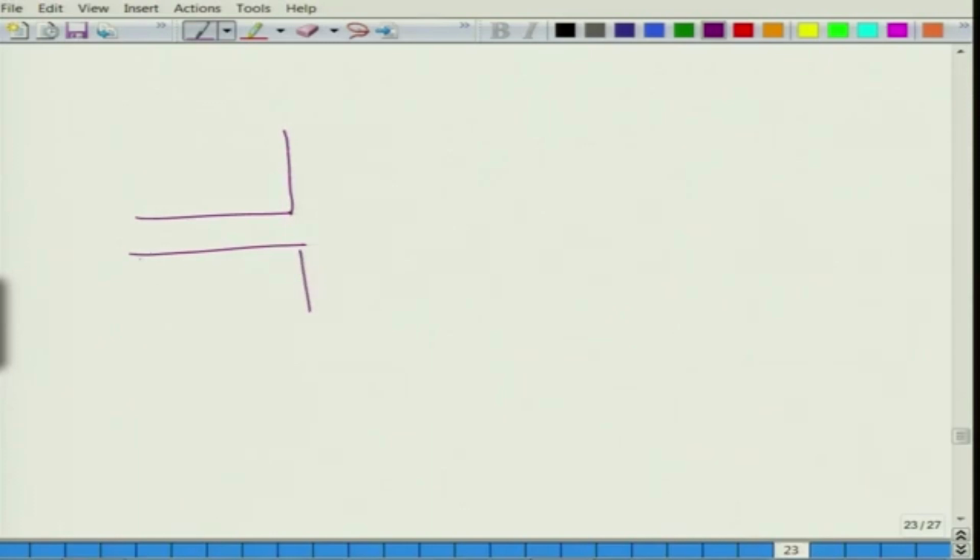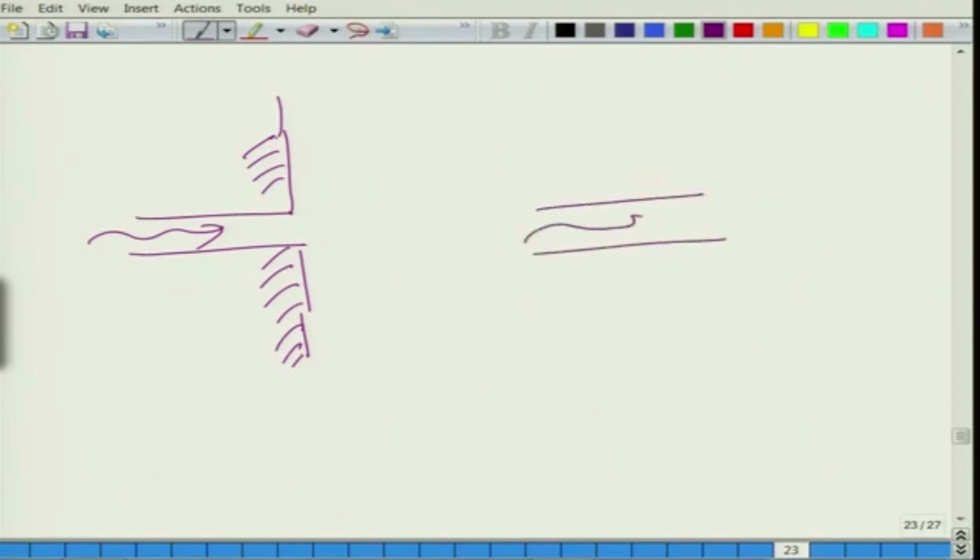So, if you have a tube and some wave is coming out here, and this is your termination. What happens here is that this is a baffled termination, and another termination that happens is where your wave is coming out and is suddenly exposed to the big atmosphere.